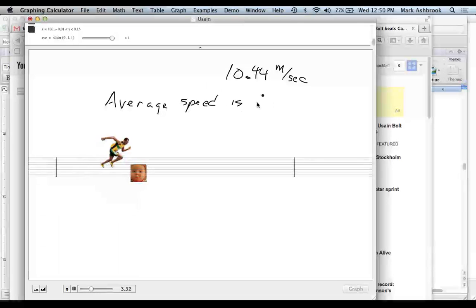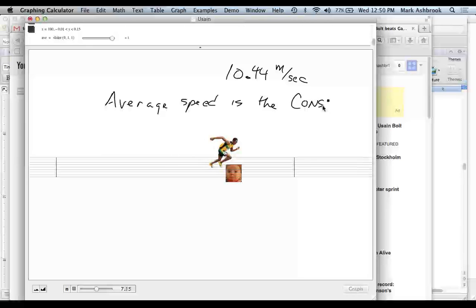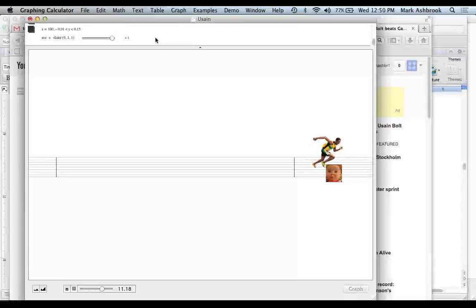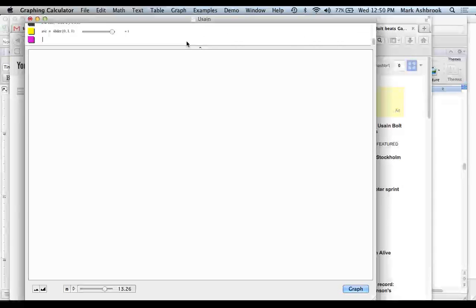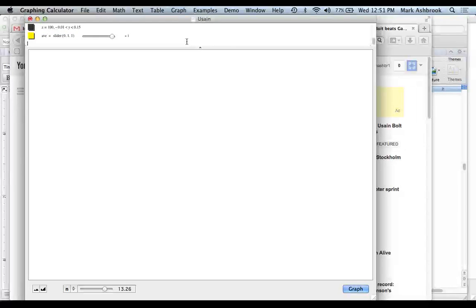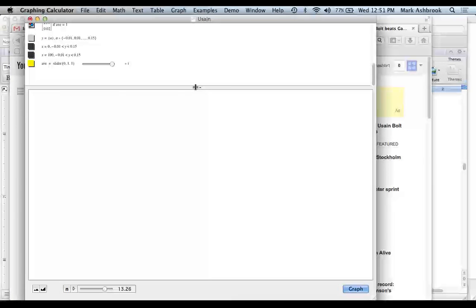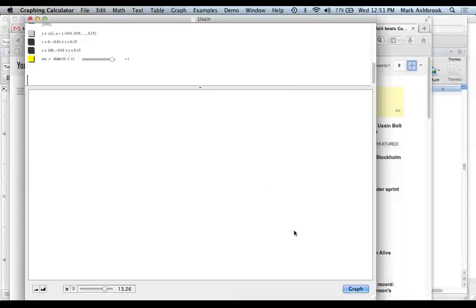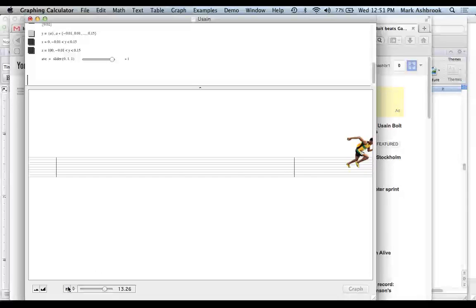So lots of you are thinking this, but we're going to put some good words to it. Average speed is the constant speed.